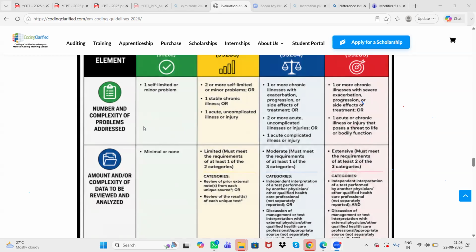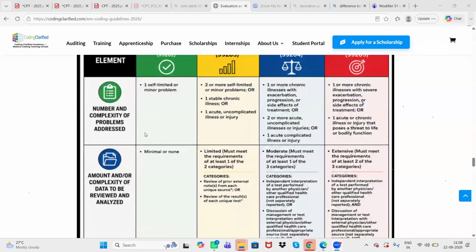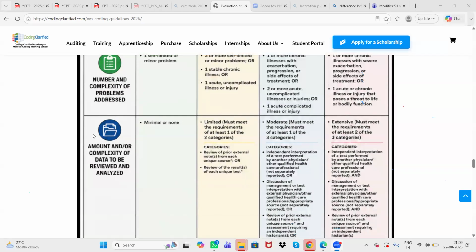What does it mean? The complexity of the condition, the severity of the patient's particular diagnosis at that visit, the seriousness of the illness. That will be considered under the first table, COPA, complexity of problems addressed.